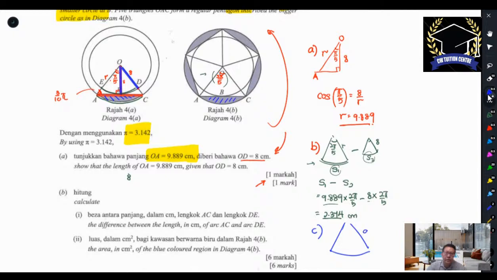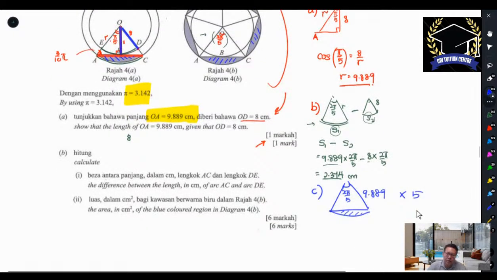The radius is 9.889, and the angle is 2 pi over 5, and find this one times 5. Got it, everybody? You have the idea now how to find the shaded area. Why is it times 5? Because you have 5 sides now.